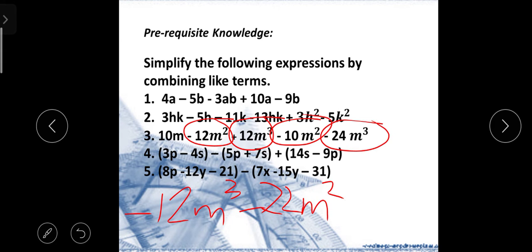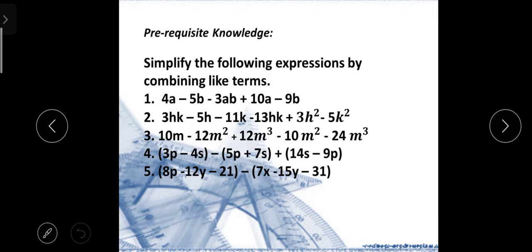Negative 22m squared. Okay. Uunahin natin lagi yung may mataas na exponent, ha? And then, rewrite yung 10m. Positive or negative yung 10m? Positive po yan, ano? 10m. Okay. That is for number 3.